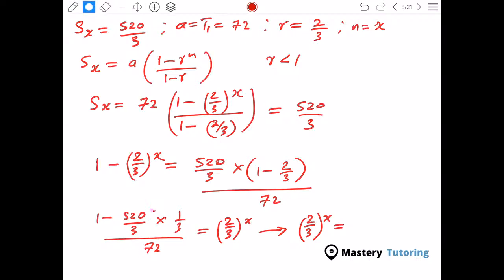Now this part here, just put it in a calculator, and when you do so, it's going to give you 16 over 81.